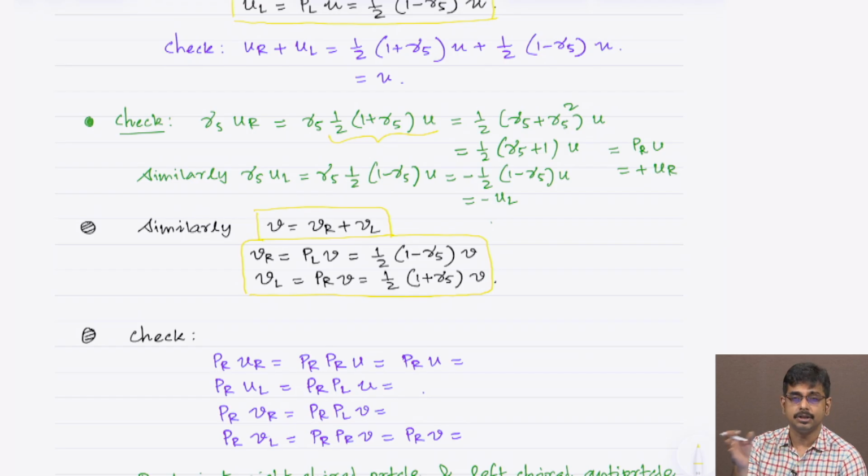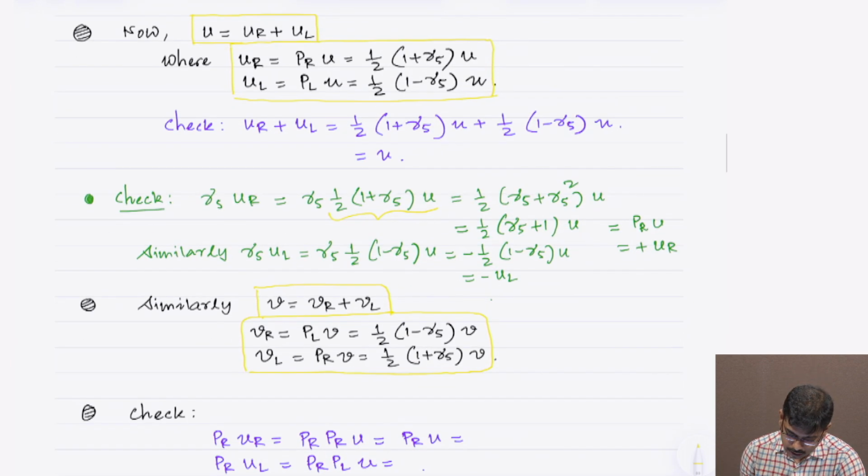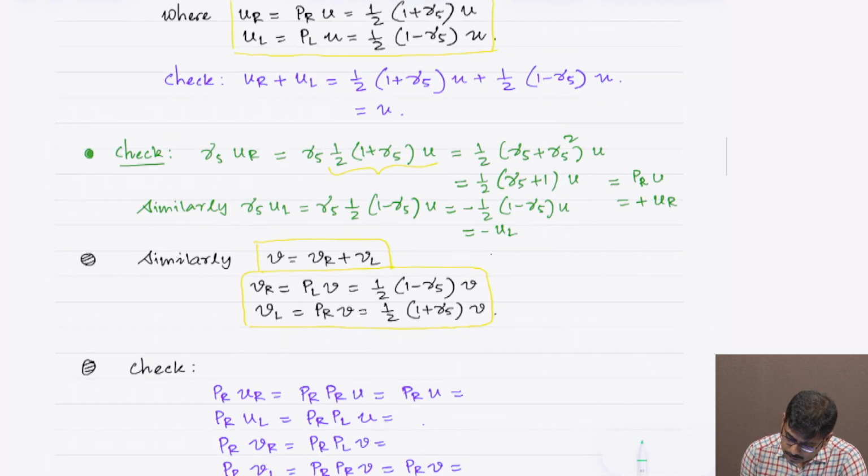So, VR is essentially PLV, which is half into 1 minus gamma 5 V, and VL is PRV, which is half into 1 plus gamma 5 V. And once again, with this you can check here that it is kind of obvious that gamma 5 VR will be actually minus VR, and similarly gamma 5 VL will be equal to plus VL, correct. So, this completes our definition of what we call the chiral states or the chiral projections obtained by these projection operators PR and PL.